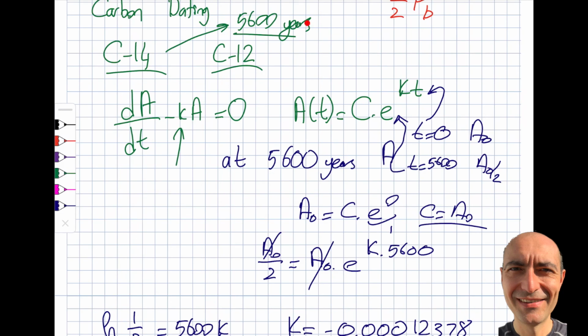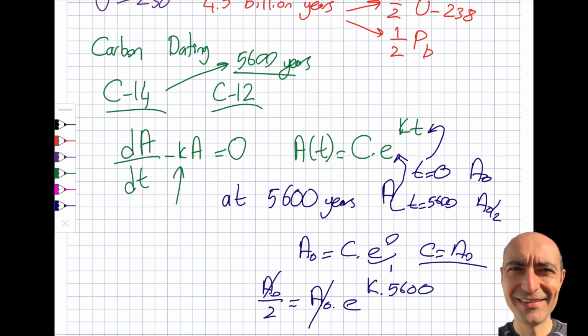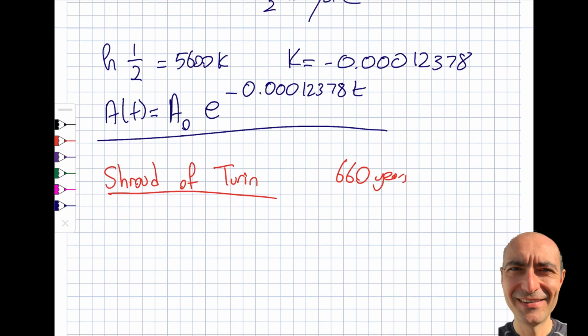You see that half of it will be gone by 5,600 years, and I'm at 660 years. What percentage of carbon-14 will stay? So this is 660, and the half-life is 5,600, right? Let's investigate this.